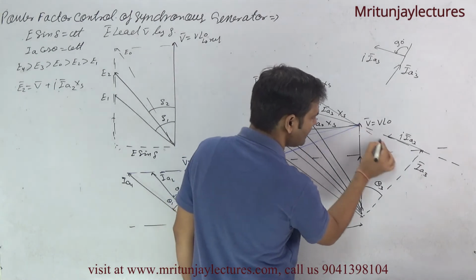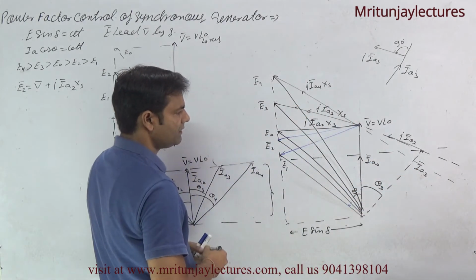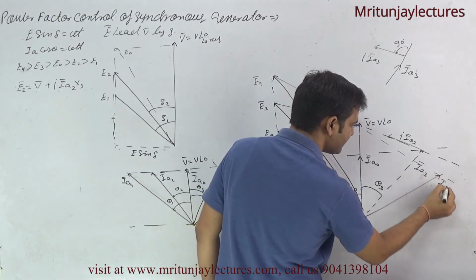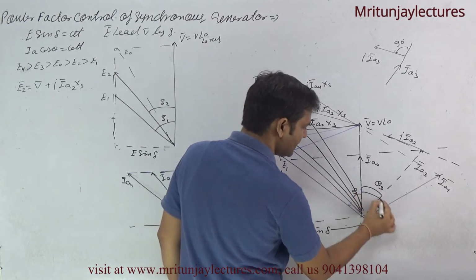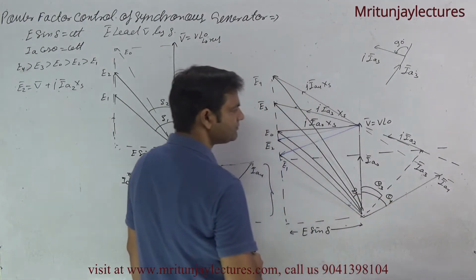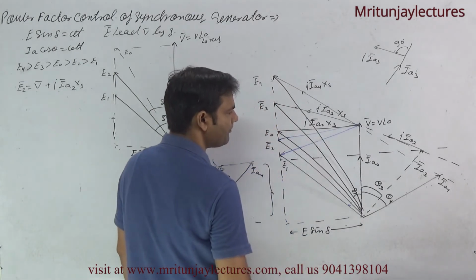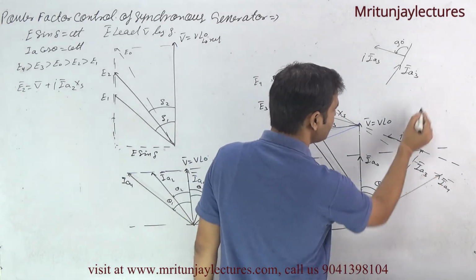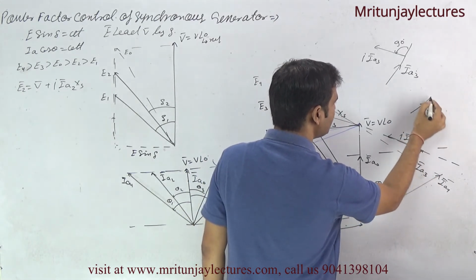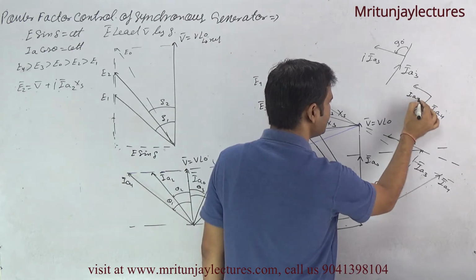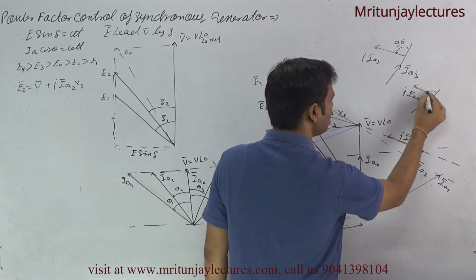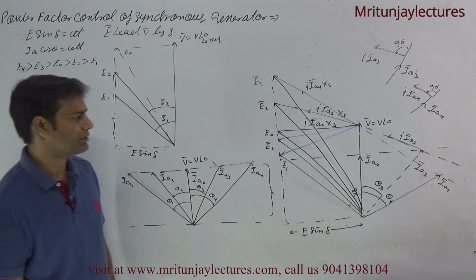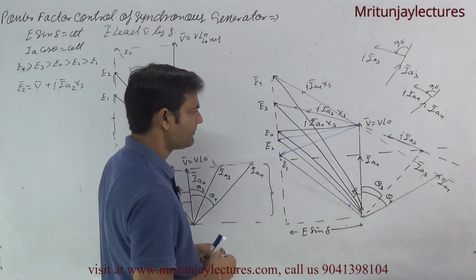So if you make corresponding to here, then what about IA4? IA4 is represented here, and the angle is theta 4. Clear? That is theta 4, and if this one is IA4, what about JIA4? It is represented here. That is JIA4. Okay, clear?